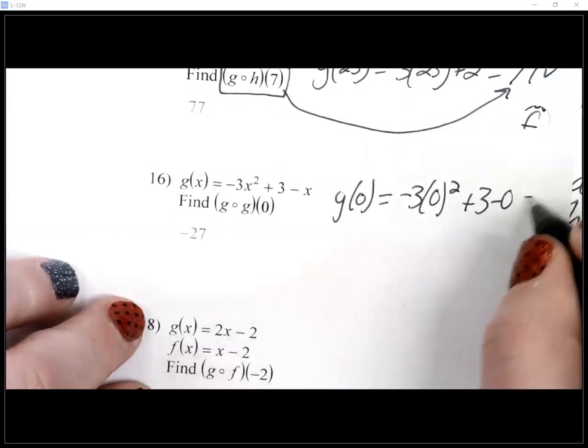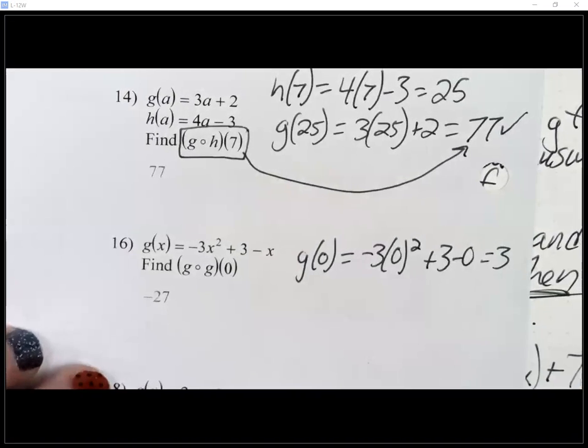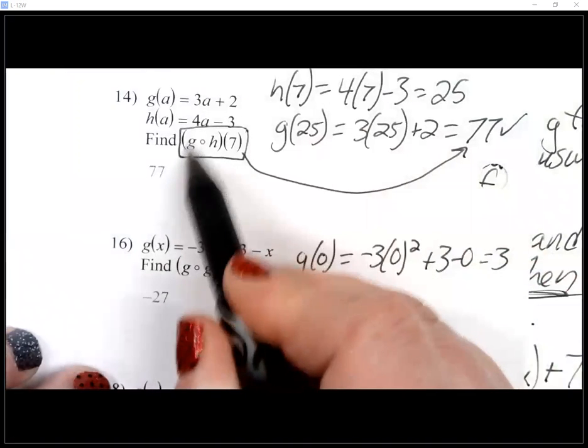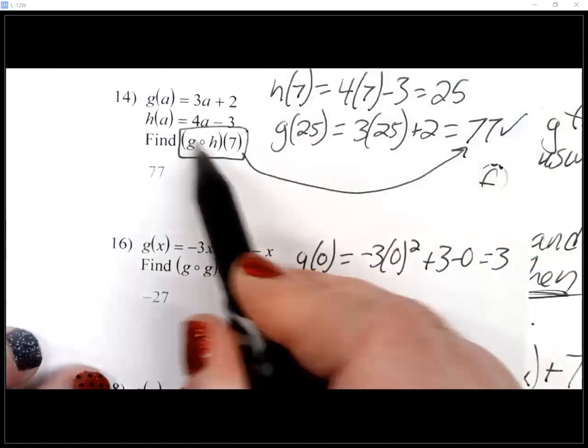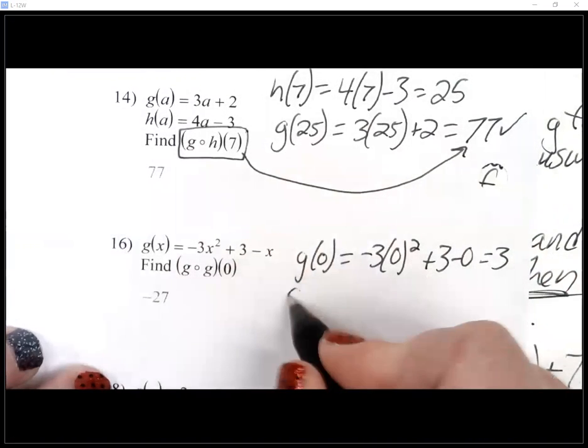So now, just like in number 14 and all the other ones that we've done, once I got that first answer, now I want to take that answer and put it in. I'm doing the same thing. It just so happens that it's the same function again. So I now want to find g of 3.